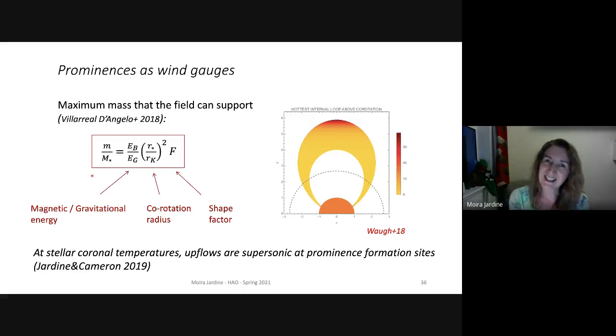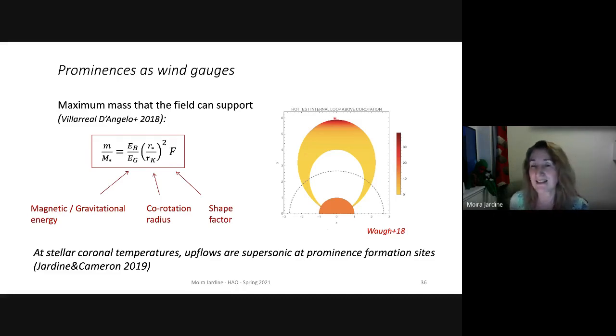But what is fascinating about this is to think about what happens on the real star. Material has to flow from the surface of the star out to this point to form a prominence. But by the time it's even got as far as the co-rotation radius, it's supersonic. So the surface is unaware that a prominence has formed.